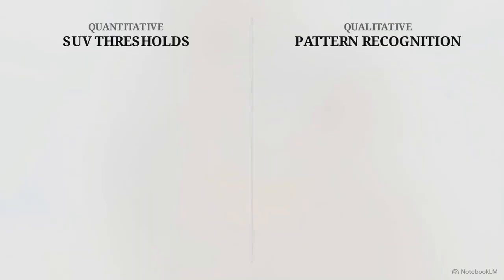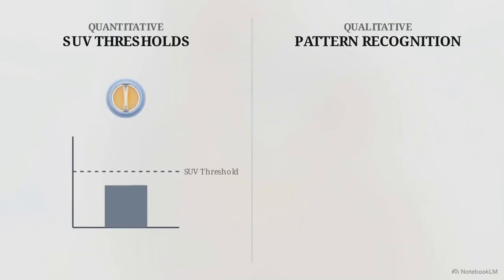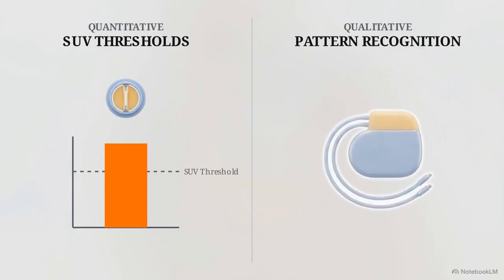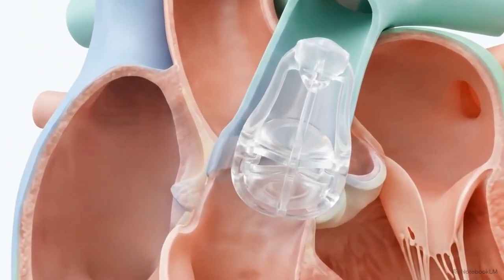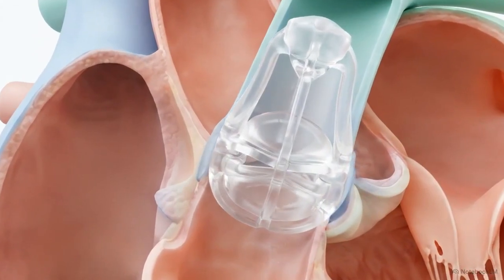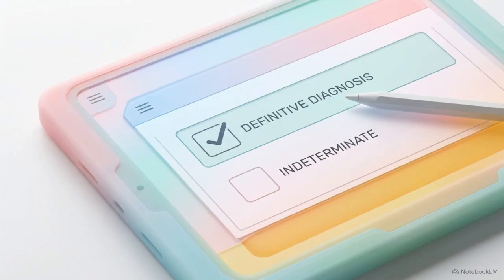Interpreting these scans requires a split approach, applying quantitative SUV thresholds for valves, but relying on qualitative pattern recognition for pacemaker and ICD leads. PET-CTA provides the spatial and metabolic clarity needed for a conclusive diagnosis, providing a way forward for patients who would otherwise be left with a possible IE classification.